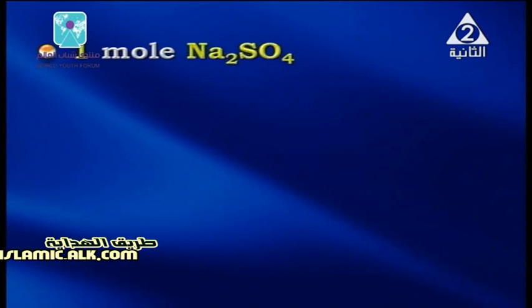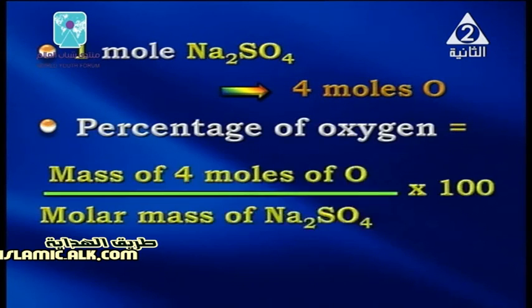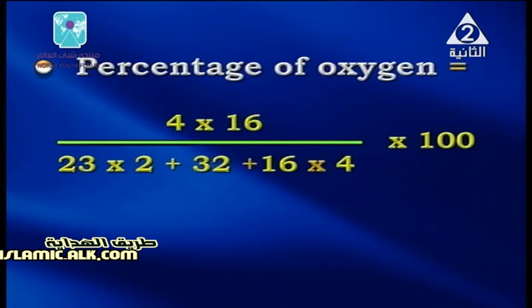Solution here: 1 mole of sodium sulfate contains 4 moles of oxygen. So the percentage of oxygen equals mass of 4 moles of oxygen over the molar mass of sodium sulfate times 100. So the percentage of oxygen equals 4 times 16 over (32 times 2 plus 32 plus 16 times 4) times 100, it will be 45%.